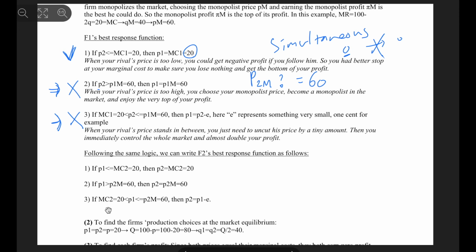If the marginal cost of firm 2 is smaller than P1 and it is smaller than 60, the monopoly price of firm 2, then P2 can choose a slightly lower price than P1. But this ain't happening, right? So we have 1, 2, 3 options for each firm, but the only double-checked one is to charge the same price at marginal cost. Okay.